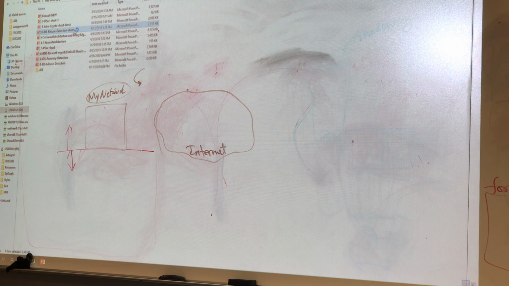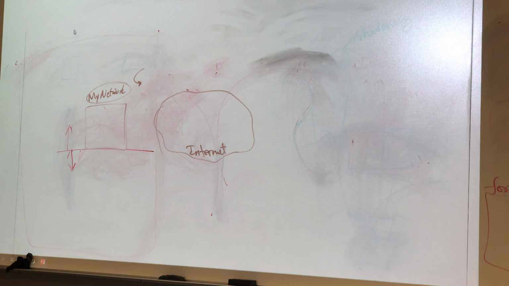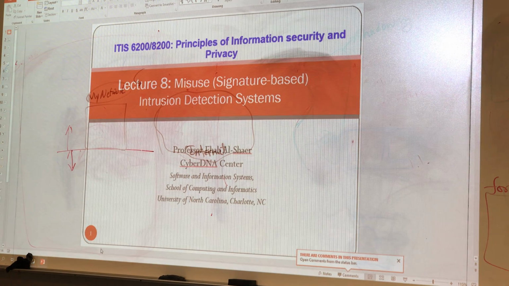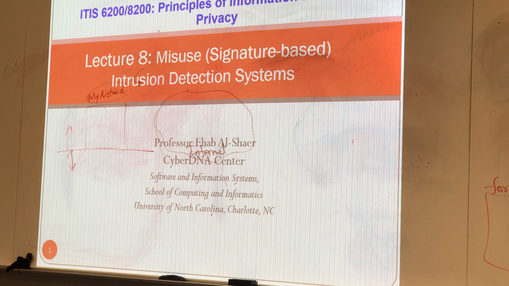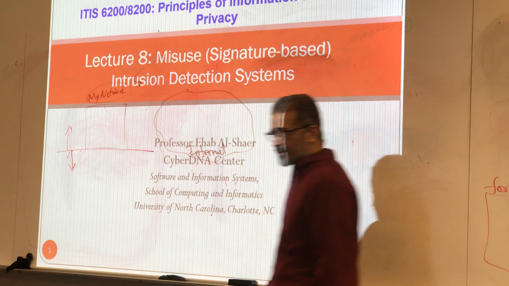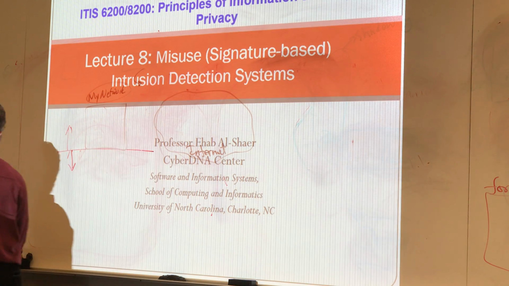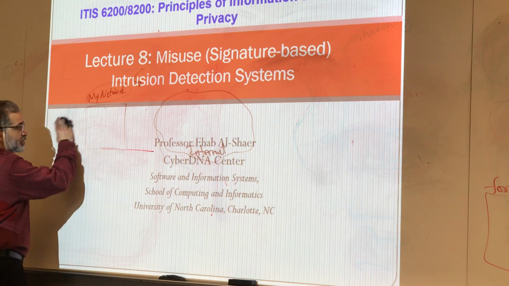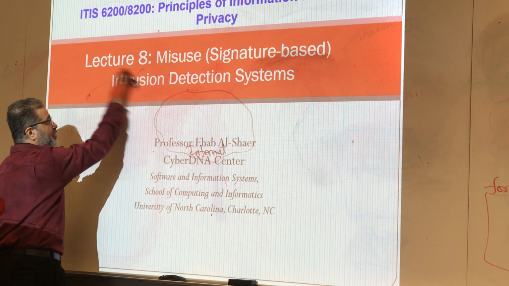So what we covered: firewall, IPSEC, and the last part here, which, by the way, from the beginning I had no plans to cover in depth. Intrusion detection system is a big area, and in this class, 3200, I just want you to have an idea about the importance of this area and the basic concepts.